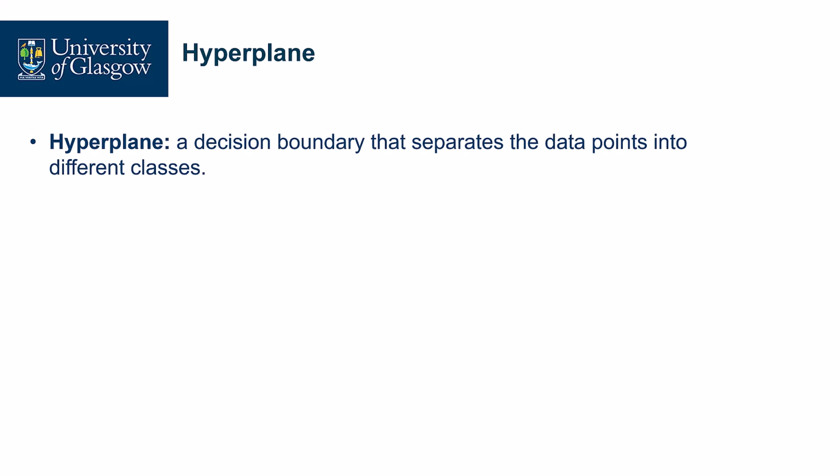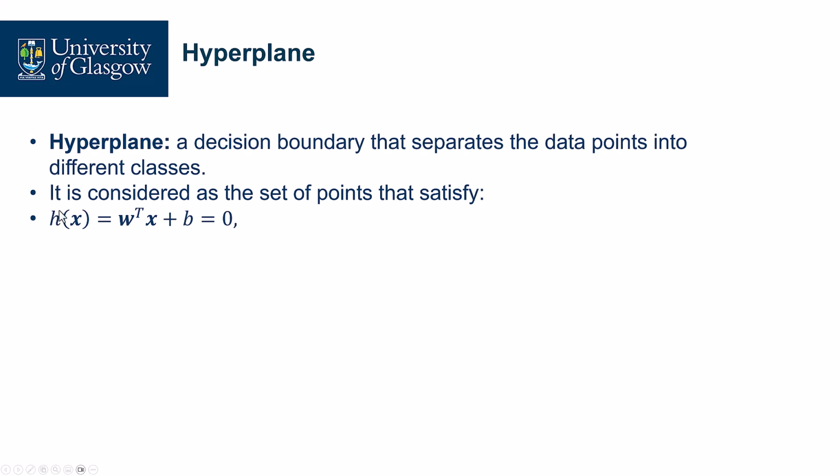We first see the hyperplane. The hyperplane is a decision boundary that separates the data into different classes. We can consider it as the points that satisfy the following equation: the hyperplane h(x) equals w transpose multiplied by x plus b equals 0. Both w and x are vectors, so we can see it is w1 multiplied by x1 plus w2 multiplied by x2 till wd multiplied by xd, and plus b equals 0.